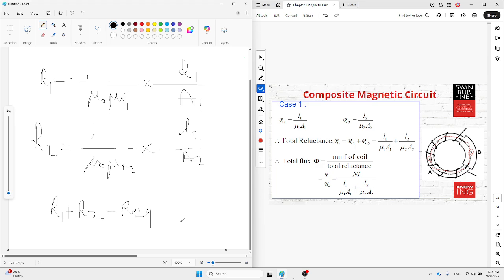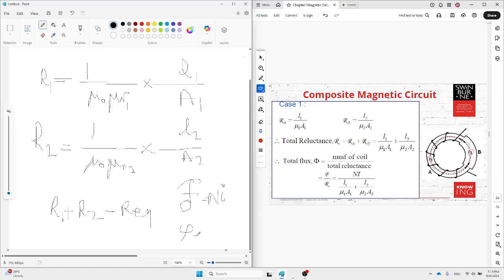Then assume we know the MMF. If we know the MMF here, meaning the value of MMF is given as N times I, can we calculate the flux? Yes.